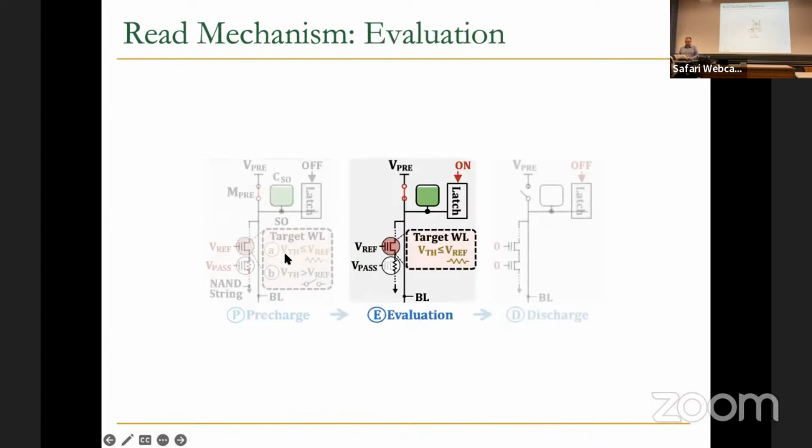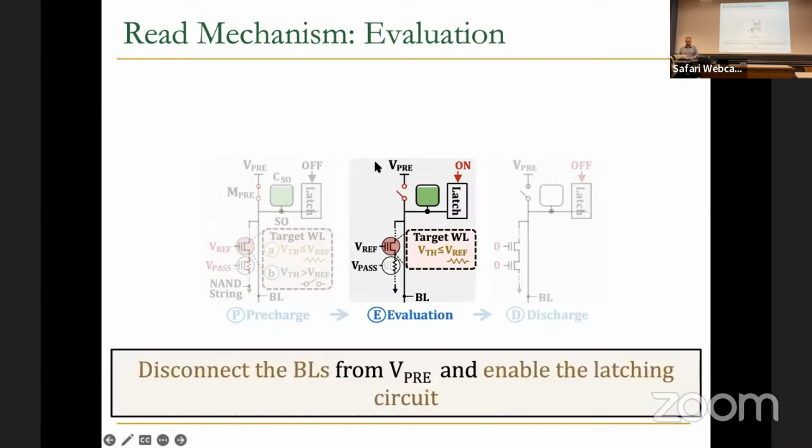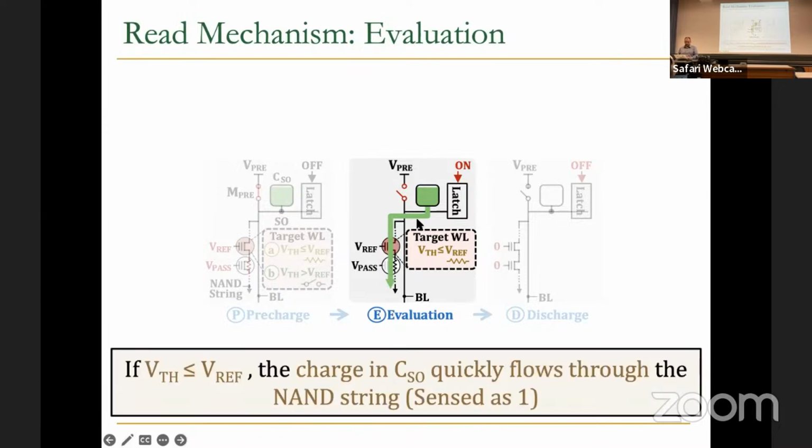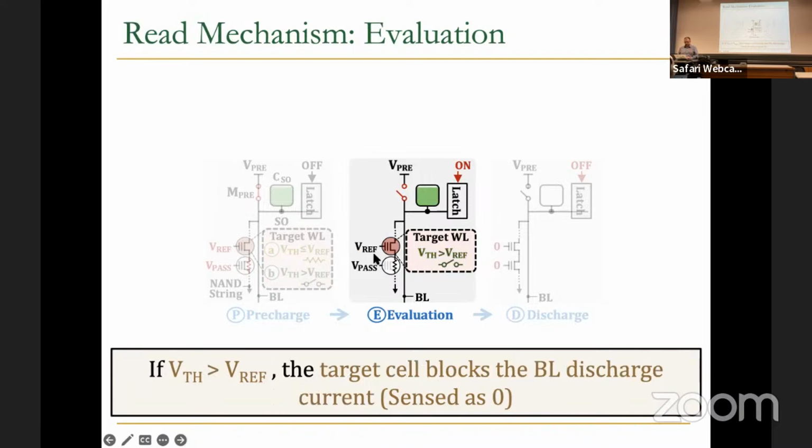In the evaluation, basically you apply reference voltage. You also need to turn off this pre-charge transistor. You apply reference voltage to your flash cell, and then you observe whether this bit line current flows or not, essentially. If it flows, we know that this is erased, so you code it as 1, and the other way around.